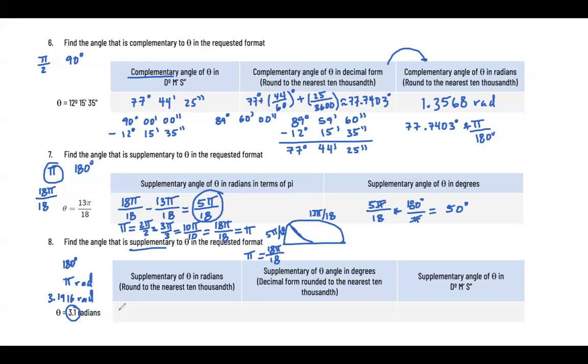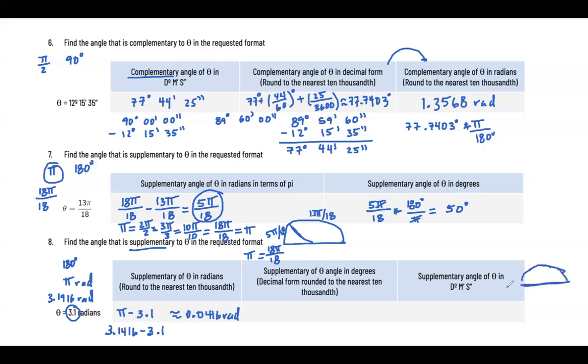So how far are we from that? We're going to go pi minus 3.1, or instead of pi, 3.1416 minus 3.1. That is approximately 0.0416 radians.